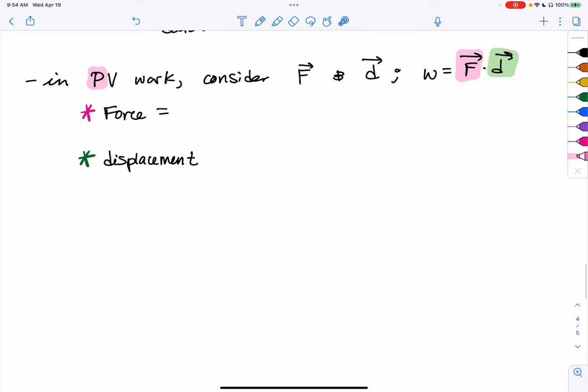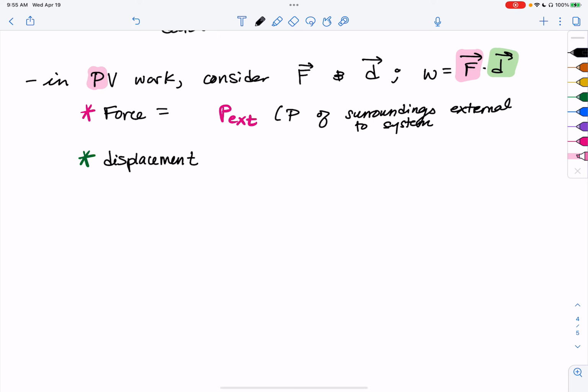So our force is our external pressure. No, just pressure. Sorry, external pressure. So this is the pressure of the surroundings that are external to the system. Typically just atmospheric pressure.